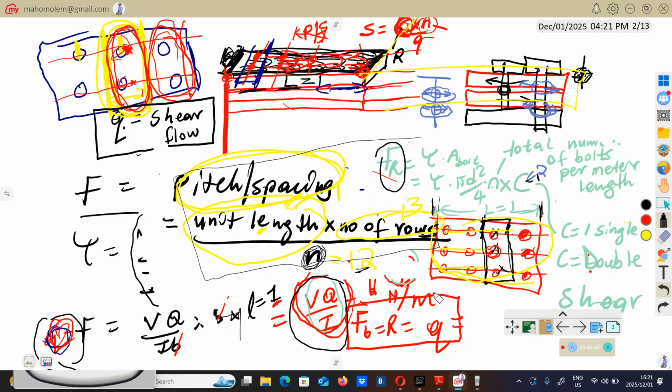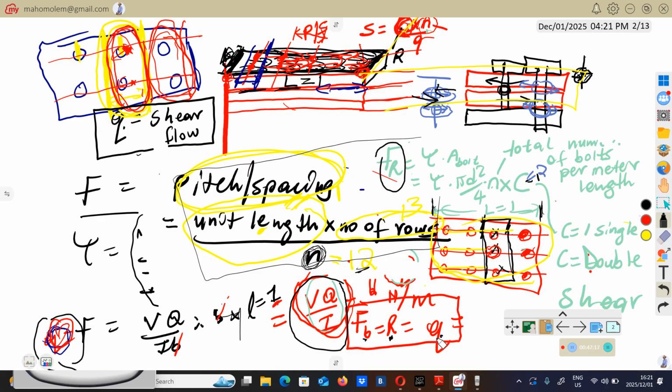Remember, I said that the force, which is the shear flow being applied on this board in that direction, to have a state of equilibrium, the bolt must apply the same force in the opposite direction. So the force by the bolt, which is this R or FB, should be equal to the shear flow.